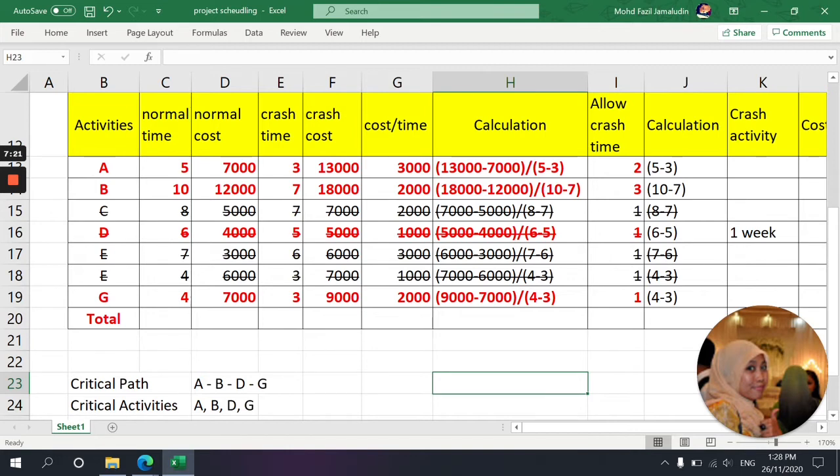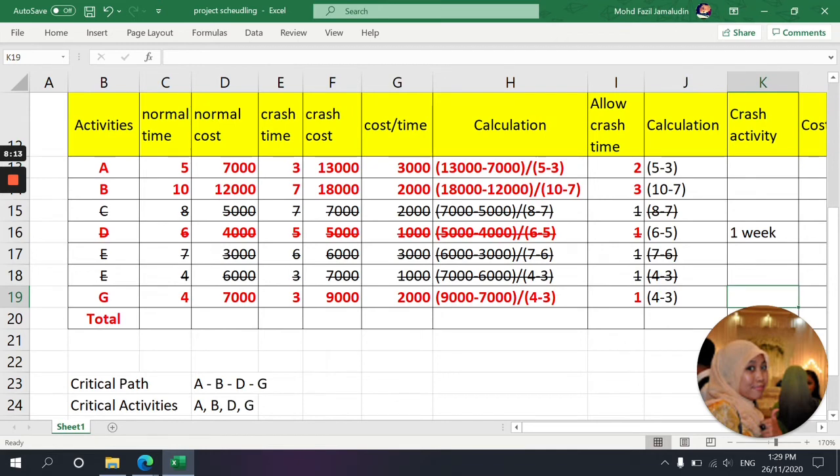Here we can see that the next minimum activities are B and G. So which one do you need to choose? As a rule, you need to compare the allowed time between these two. Usually we will take the minimum allowed crash time, which is activity G. So we choose activity G, with the time allowed to crash being 1.